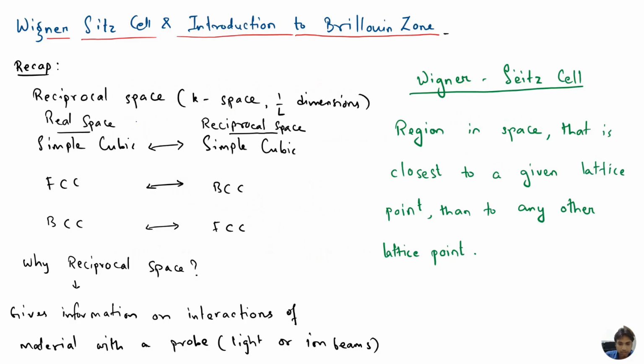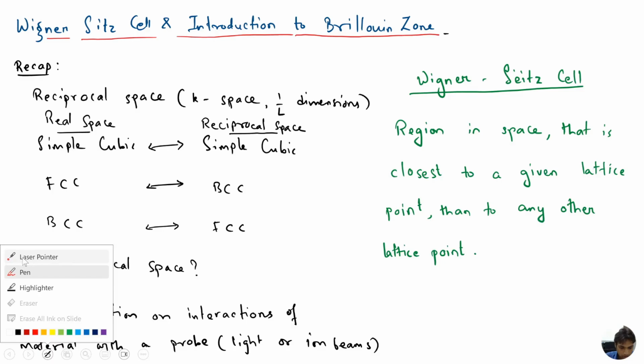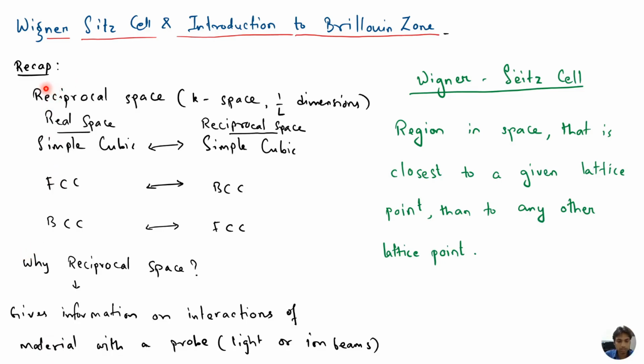What we had done in the last class was the reciprocal space, or we can call it the K space, and it has the dimension of 1 by L, the inverse length dimension. In real space, if we have a simple cubic structure, in reciprocal space it will also be simple cubic.